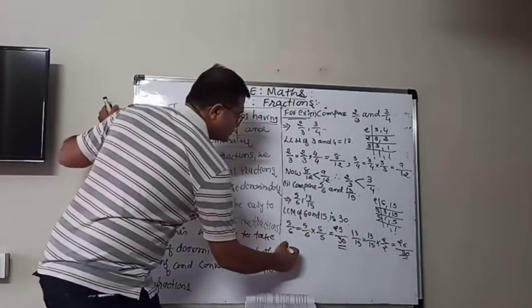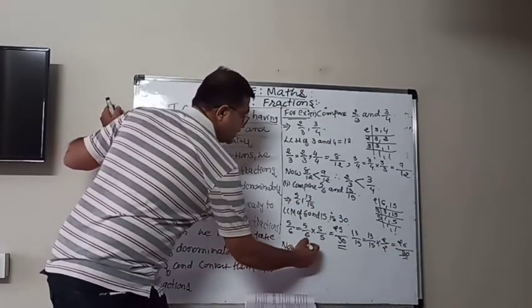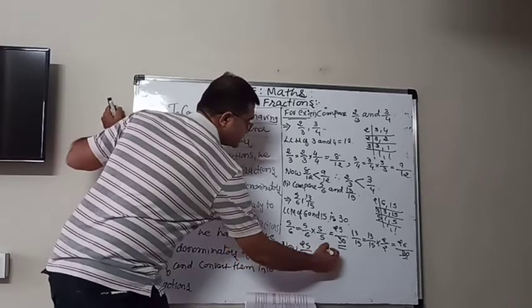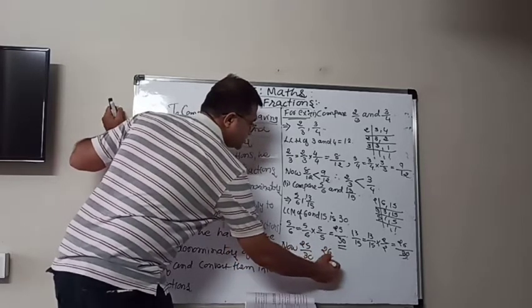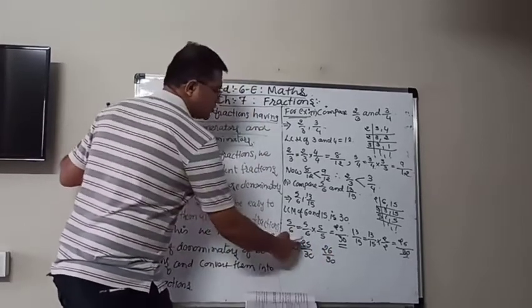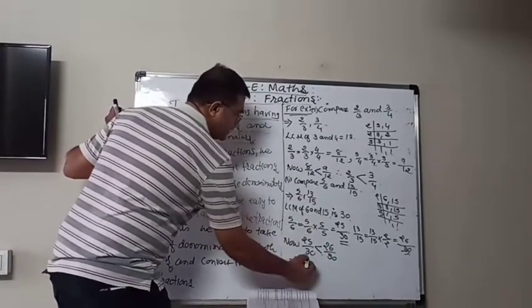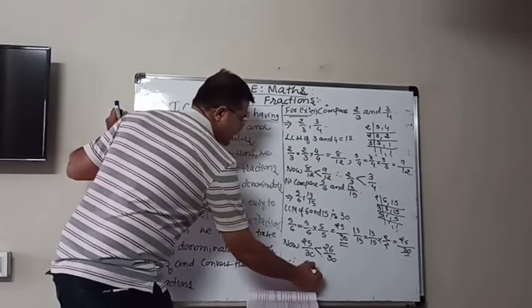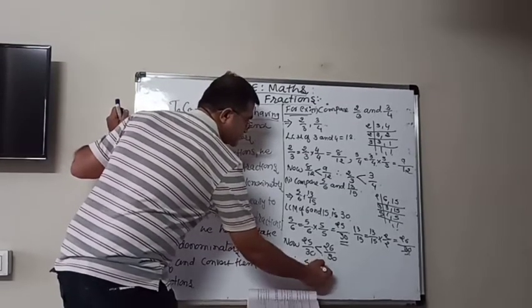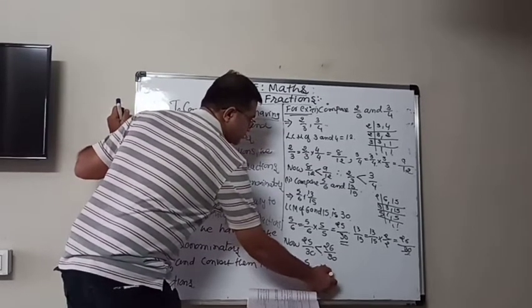So now here we get 25 upon 30, here we get 26 upon 30. So here 25 is less than 26, and therefore what is the original? 5 upon 6 is less than 13 upon 15.